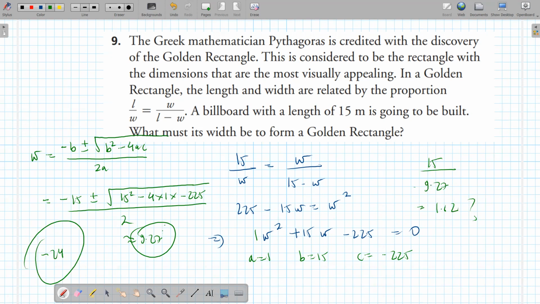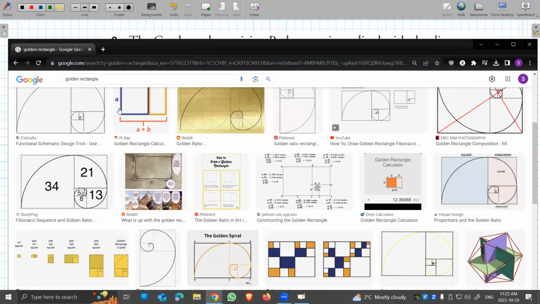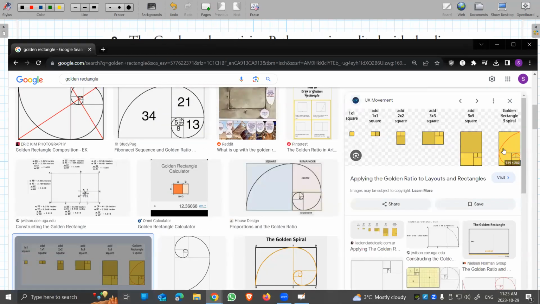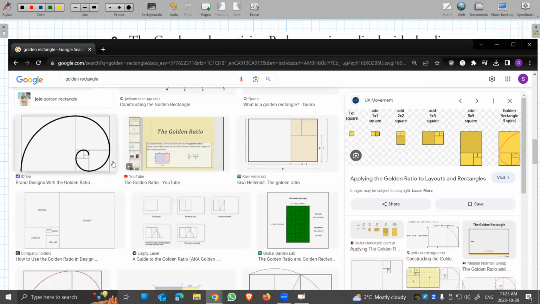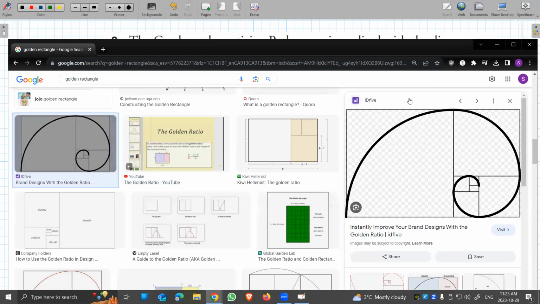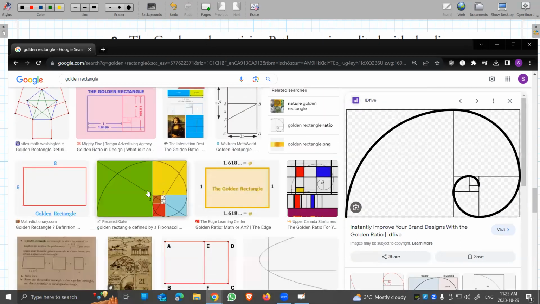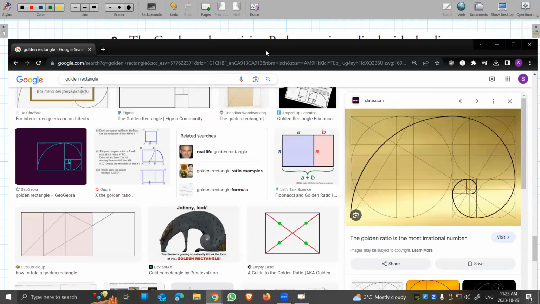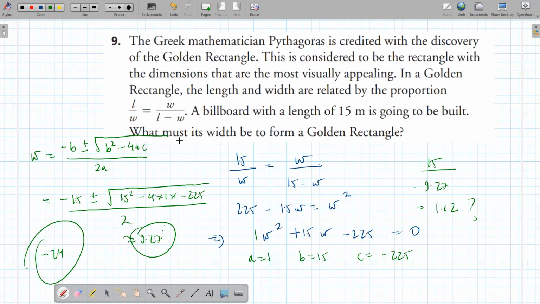I'm trying to see what a golden rectangle is. That is the ratio right there that we just found, and the shape gives you this spiral pattern, which is kind of good to look at, right? It's not super important for this question, but this question wasn't too bad either.